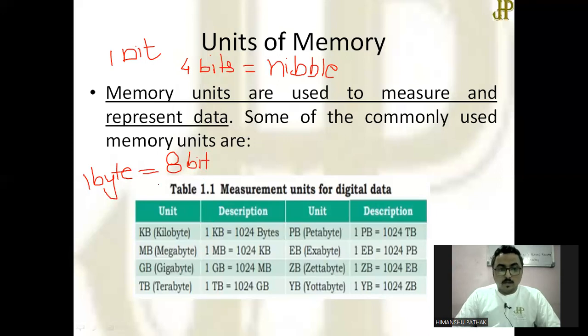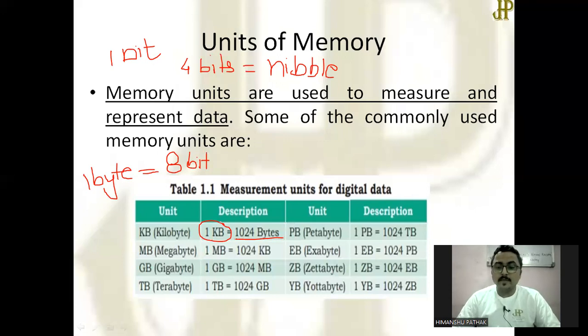So, if we combine 1024 bytes, then it is equivalent to 1 kilobyte. You can easily see, for example, that 24 KB of data transfer is going on.